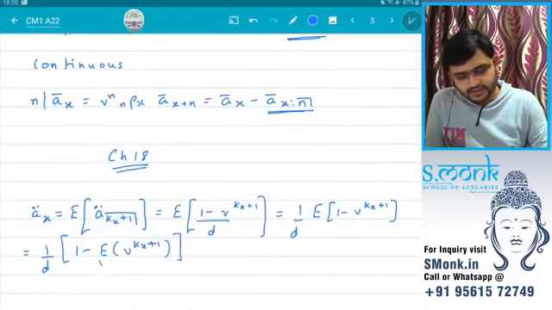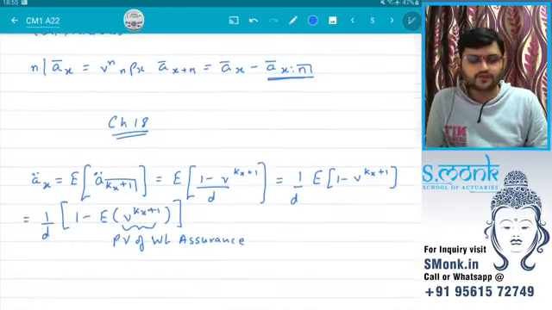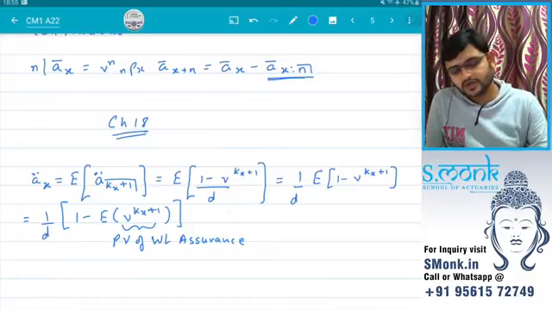And this is nothing but the present value of whole life assurance, and we are taking its expected value, so the expected value will just be capital A x.